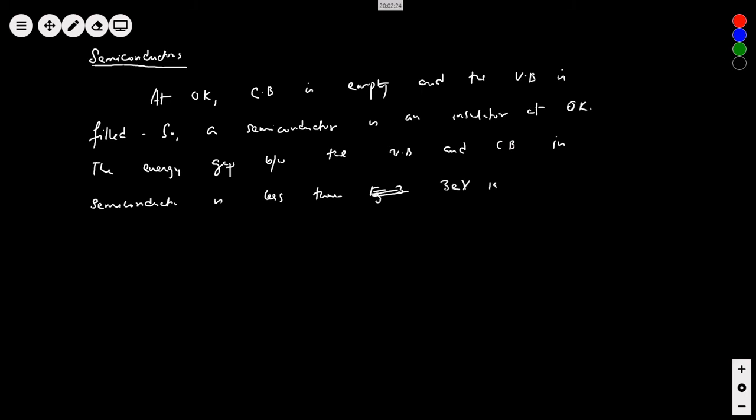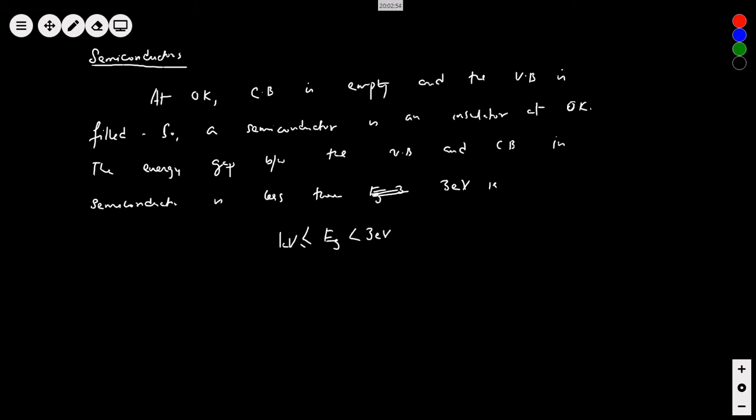That is, Eg is between 1 eV and 3 eV. Eg is greater than or equal to 1 eV and less than 3 eV, something like that.